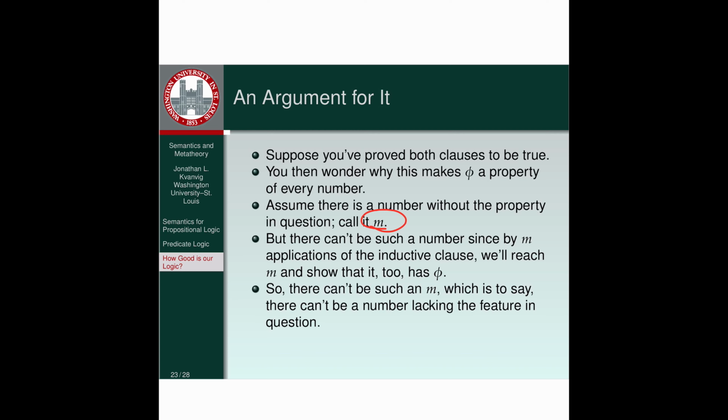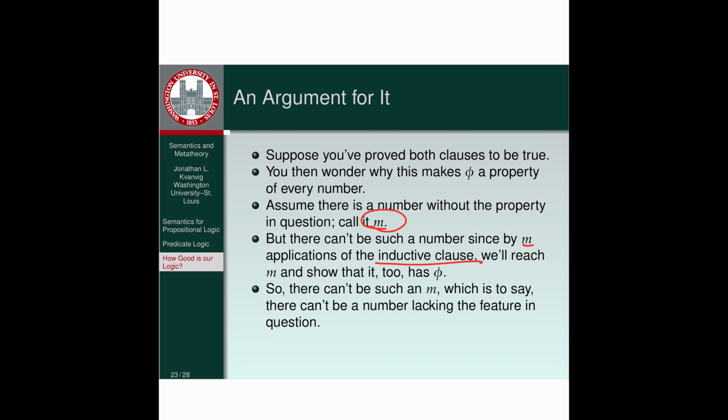Call that number m. There can't be such a number though, since by m applications of the inductive clause, we'll reach m and show that it too has phi, because we will have shown successively that it holds for each number after 0 and m number of times.